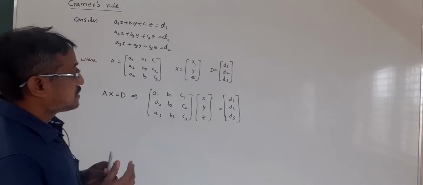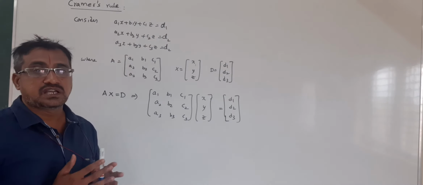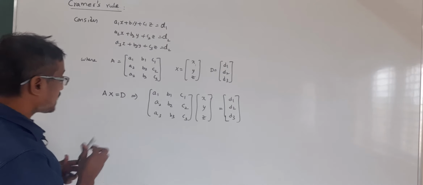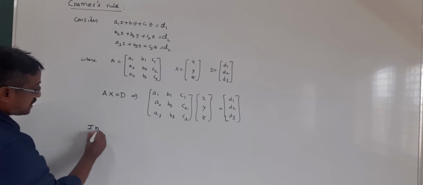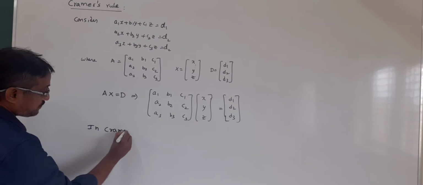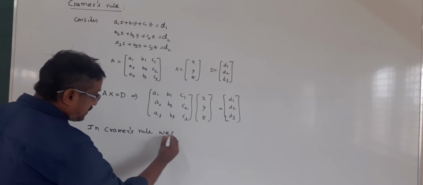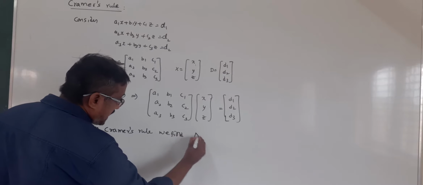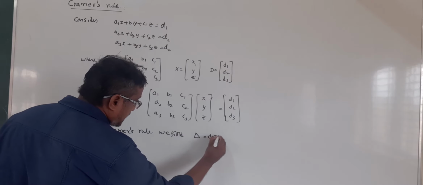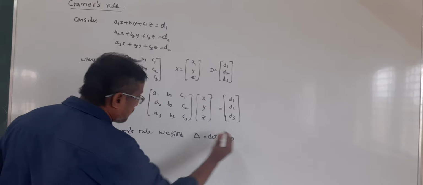Now let us discuss Cramer's rule. In Cramer's rule, we find delta, that is det A, which is not equal to 0.